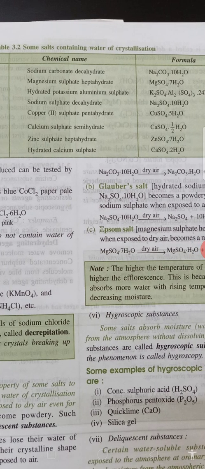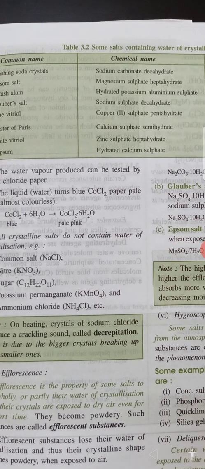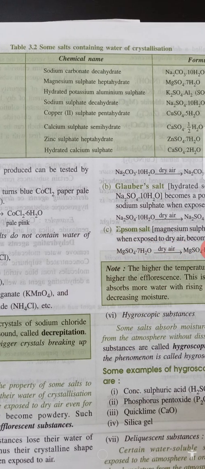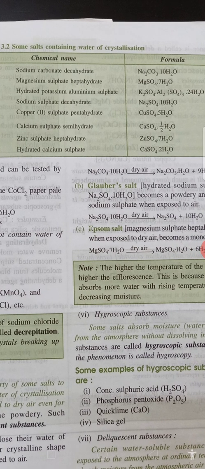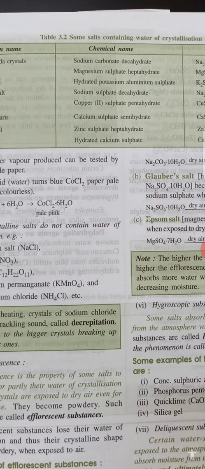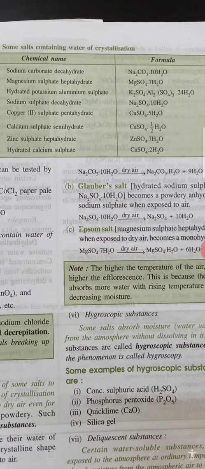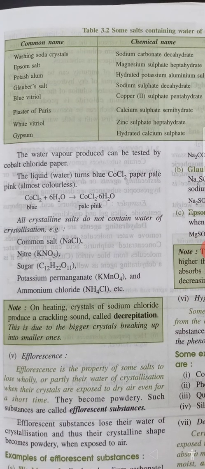Then we have zinc sulfate heptahydrate, that is ZnSO4 dot 7H2O. This is called white vitriol. Then we have hydrated calcium sulfate, that is CaSO4 dot 2H2O, this we call gypsum. So children, if you see, these salts are hydrated salts and they contain water of crystallization.